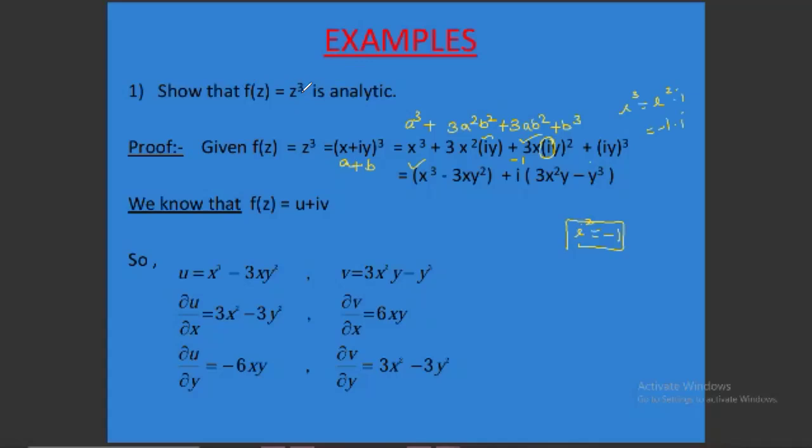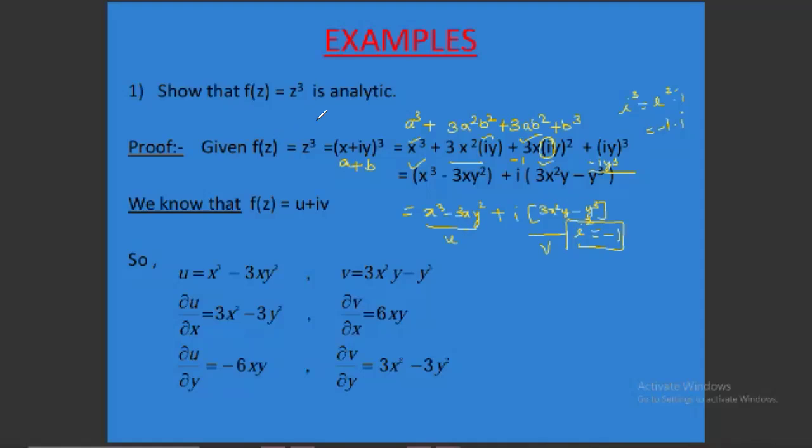So the value will be replaced as minus i y cube. These two terms are the imaginary part, and these two are the real part. So x cube minus 3xy square plus i into 3x squared y minus y cube. Now this is u and this is v.